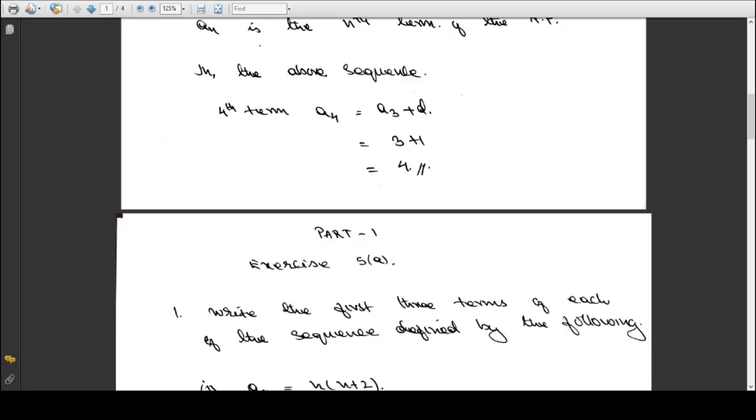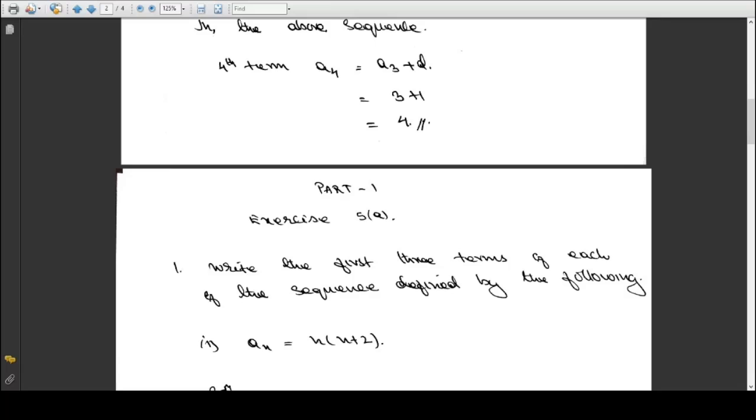The sequence of numbers has been arranged by a definite set of rules, and those sequences are defined by that rule. In this first exercise: write the first 3 terms of each of the following sequences defined by an equals n plus 2.